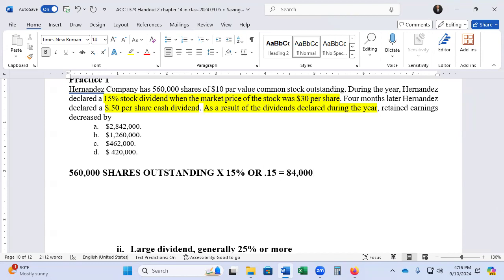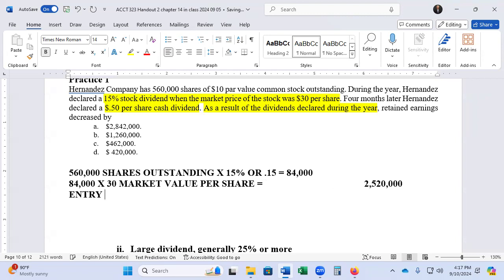Okay. So now I take the 84,000 and I multiply it by 30, which is the market value per share. And so that is equal to 2,520,000. So that's our first retained earnings.